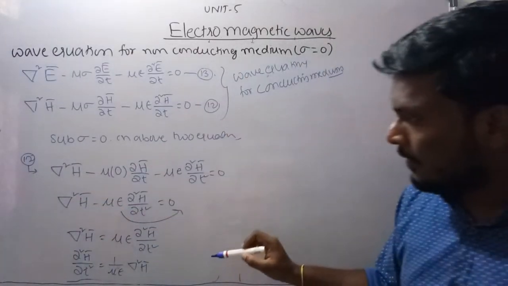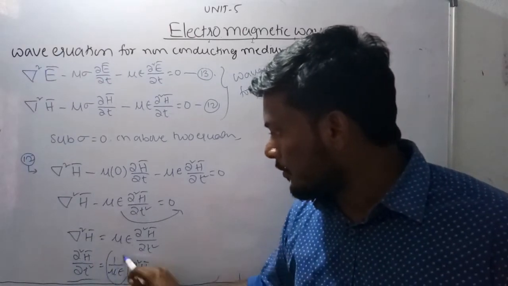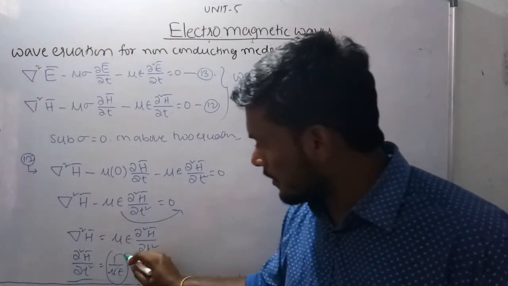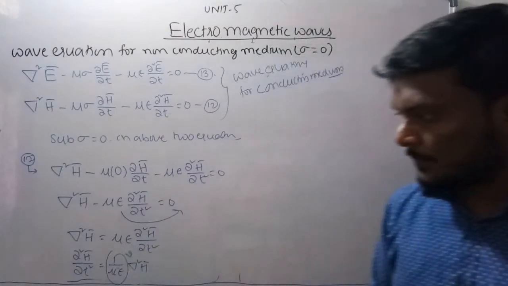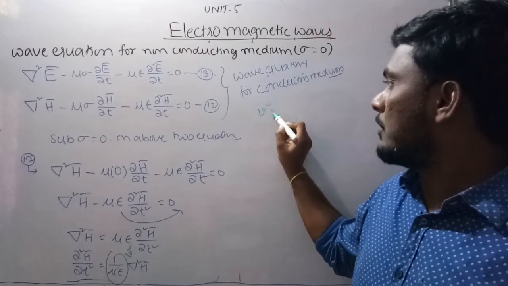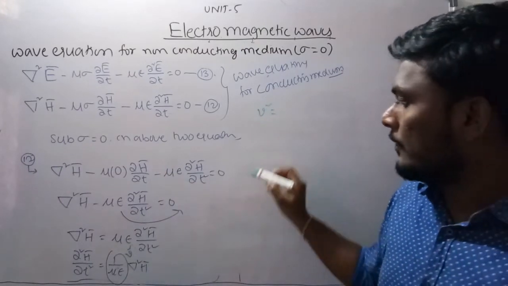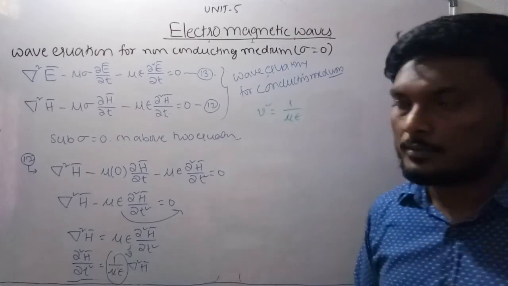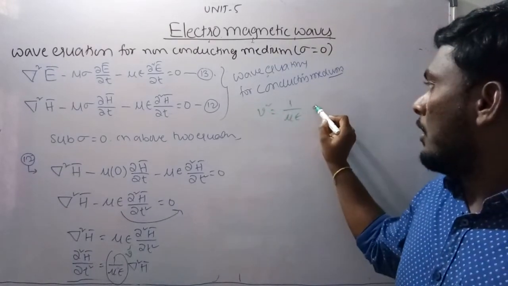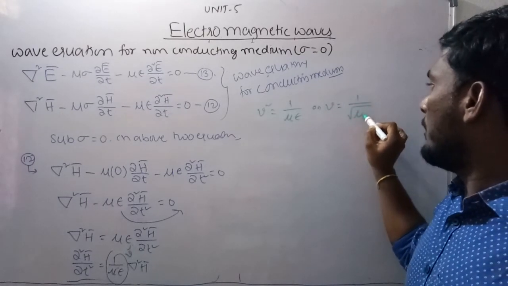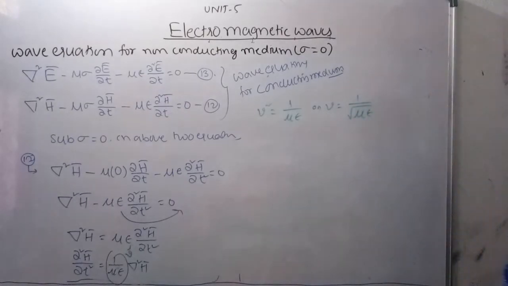Here, 1 by mu epsilon is called the velocity of the wave squared, v square. So v square is equal to 1 by mu epsilon, or v is equal to 1 by under root of mu times epsilon.